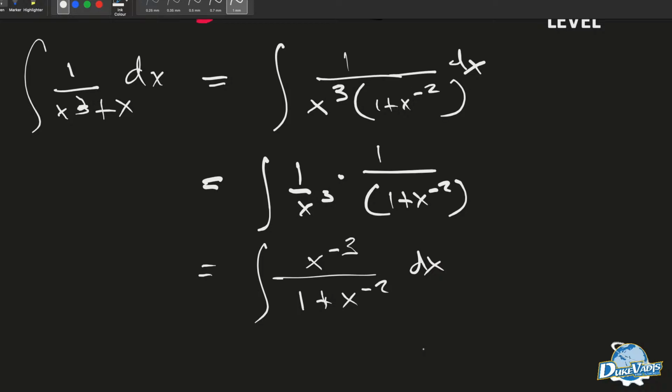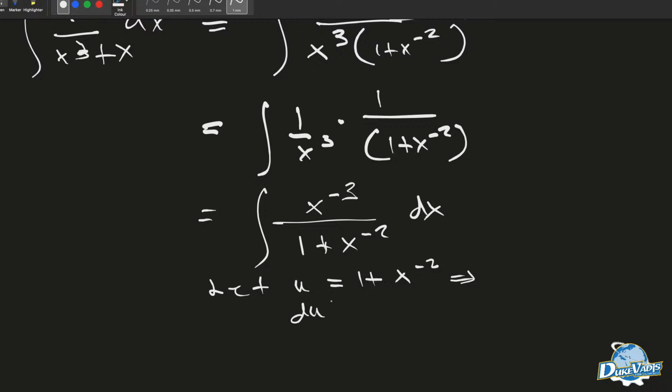So upon the integration, we say let u be equal to 1 plus x raised to the power negative 2. So when we differentiate this, du is equal to 1, that is 0, negative 2x to the power negative 3 dx.